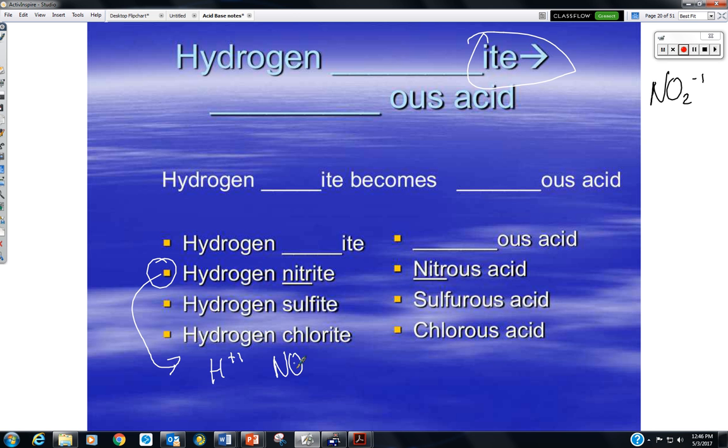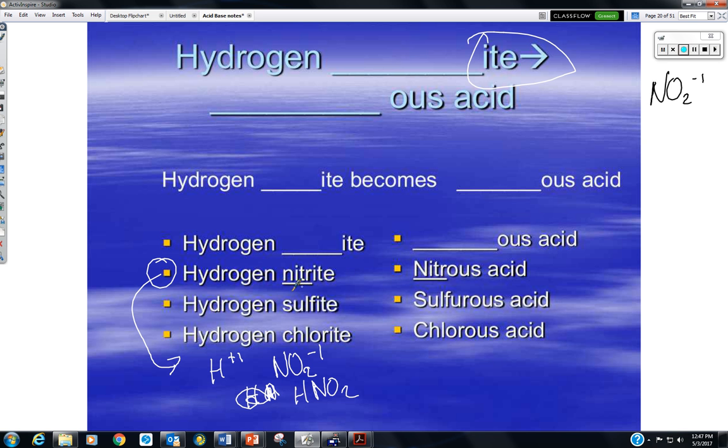Nitrite, we just said, is NO2 with a -1 charge. So when we do our ratio based on the charges, we see that it is HNO2. So we have this compound.